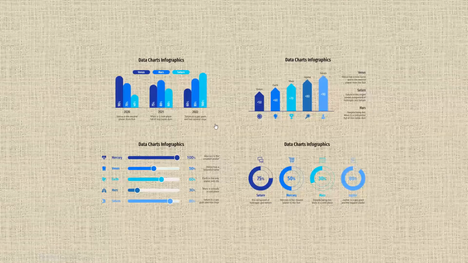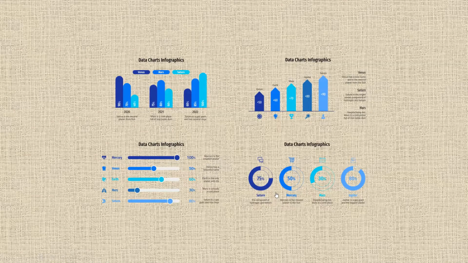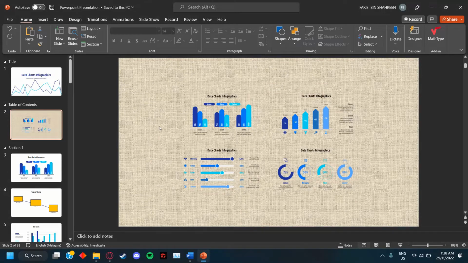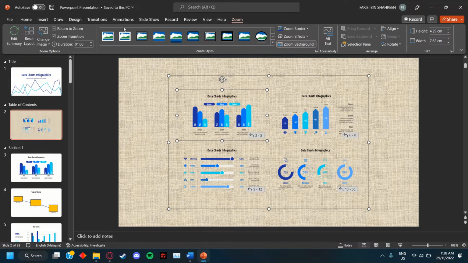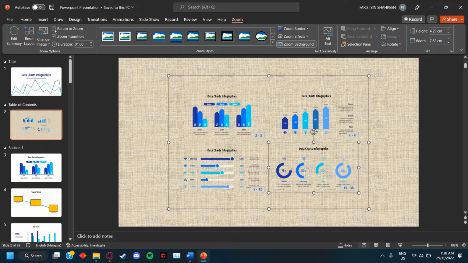It repeats. If you don't want to return back here, you can do that by disabling the return to zoom option. The return to zoom option can be found in the zoom tab. You click the thumbnail, go to the zoom tab, and uncheck this box for the return to zoom option. Uncheck this for all of the thumbnails if you want.